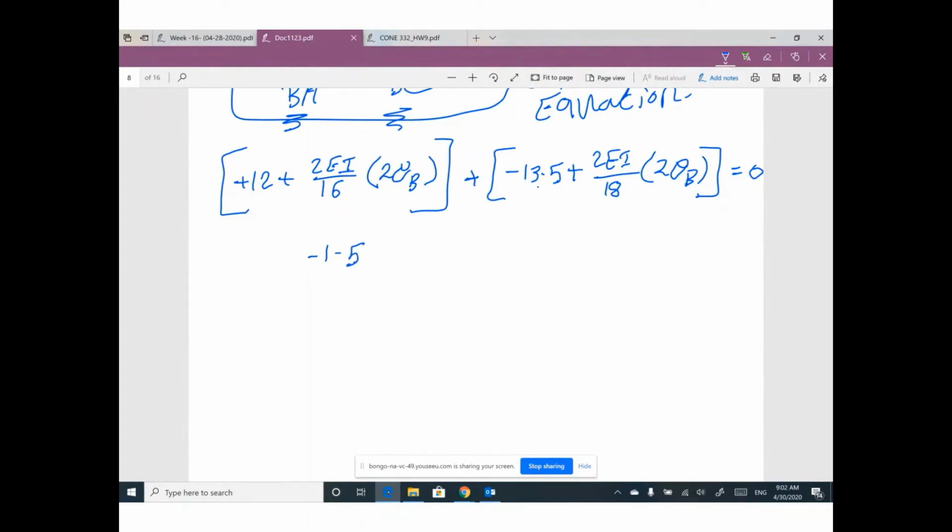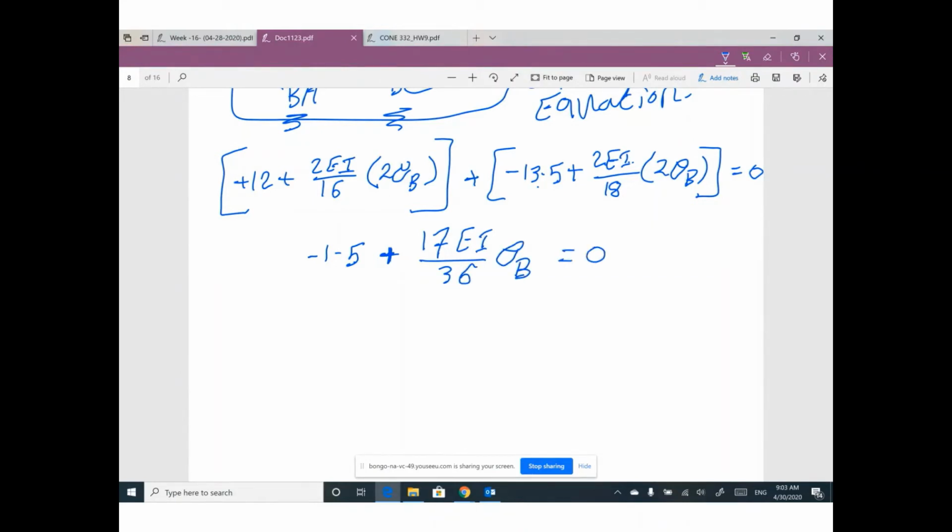This term, 2EI divided by 16 times 2, 2EI divided by 18 times 2, theta B, finally will be something like this. I will tell you, 4 divided by 18 plus 4 divided by 18 will be 17EI divided by 36 theta B equals 0.